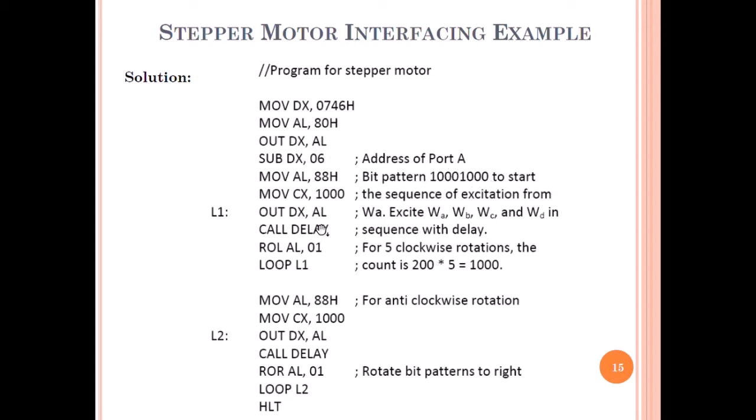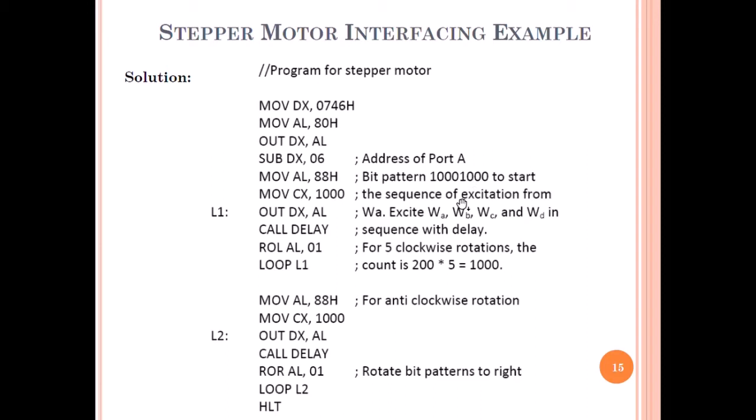So we see that WD is getting excited, and then we call the delay function so that the pulse is maintained for a certain delay duration. And then we ROL AL, 01, that is, we rotate the content of AL to the left by 1 bit.